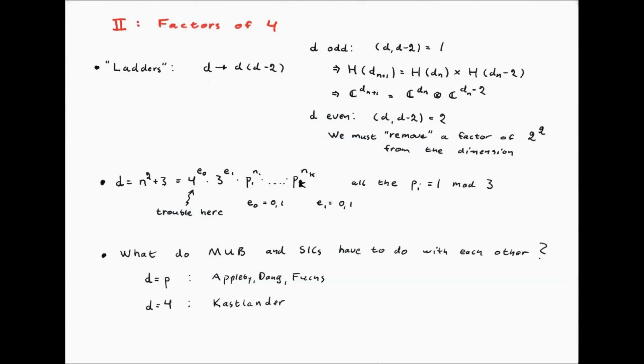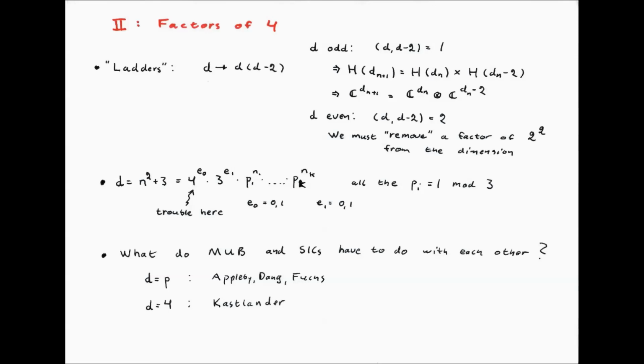So it's rather simple. If, however, the starting dimension is even, then clearly D and D minus 2 will no longer be relatively prime, and that's a problem. You sort of have to remove a factor of 4 from this thing before you can apply entanglement theory. So factors of 4 are a bother in this kind of thing.